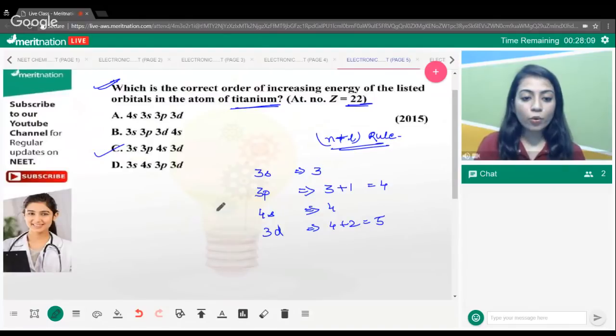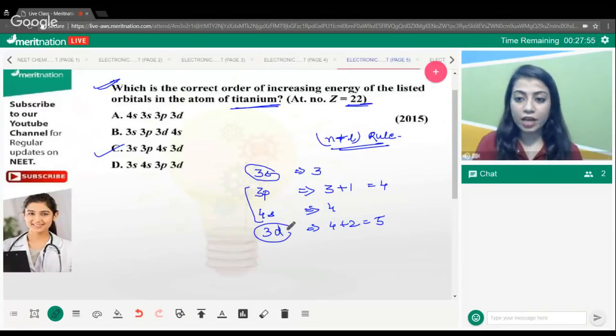Okay, now the more the value of N plus L, the higher the energy, right? So you can clearly see the value for 3s is least, then we have 3p and 4s, and then we have 3d. Now, if two have the same value of N plus L, how to differentiate in that case?